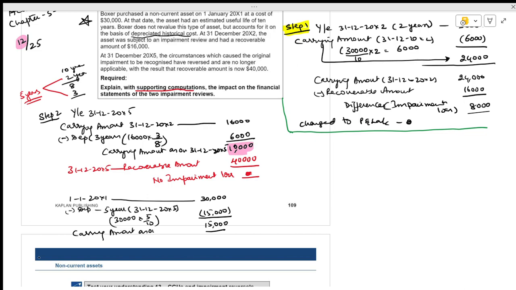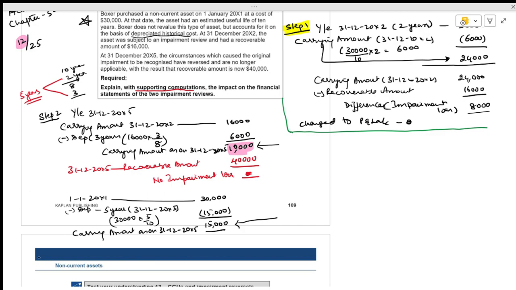As on 31st December 2005, what is the carrying amount as per the revaluation? It is 10,000. The carrying amount as per the original cost is how much? 15,000.